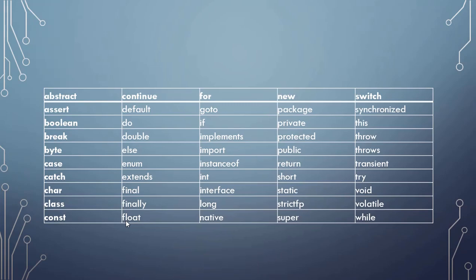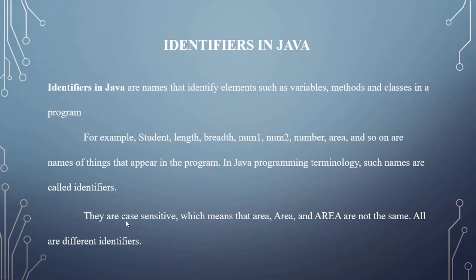The next one, identifiers. Identifiers are names that identify elements. Identifiers are nothing but the names of variables, methods, and classes in a program. For example, student, length, breadth, num1, num2, number, area, and so on are names of things that appear in the program.